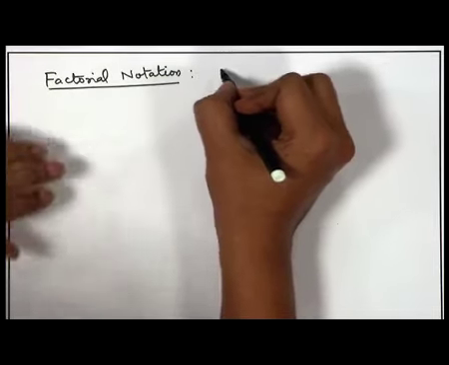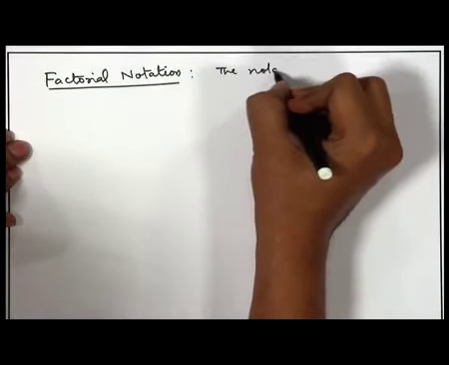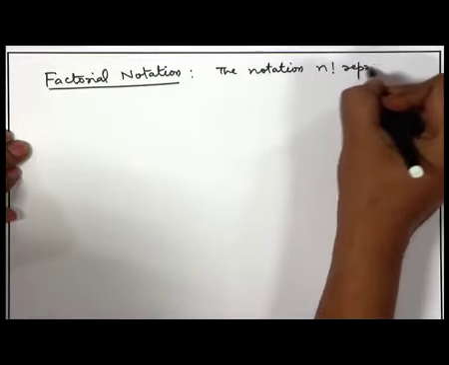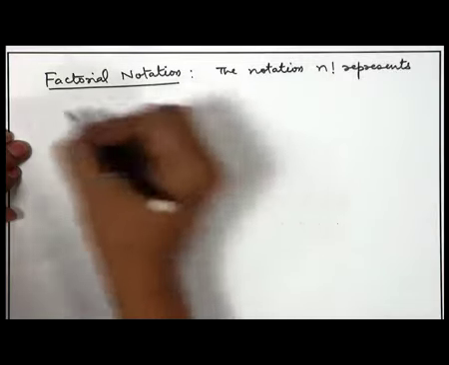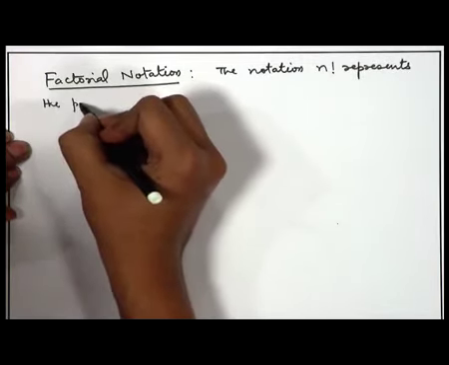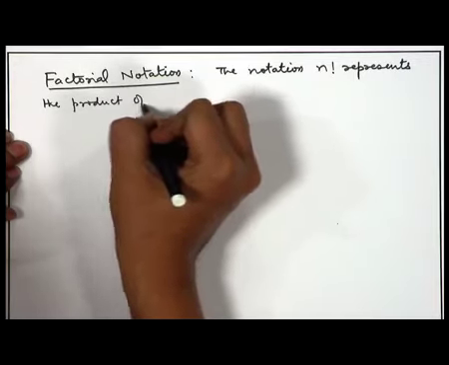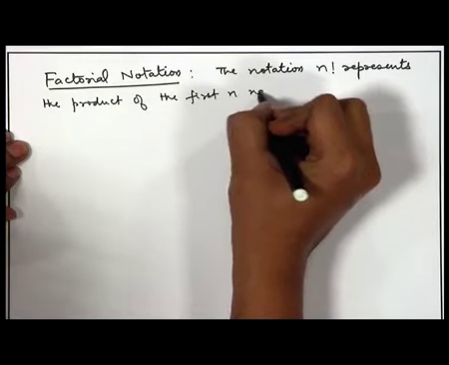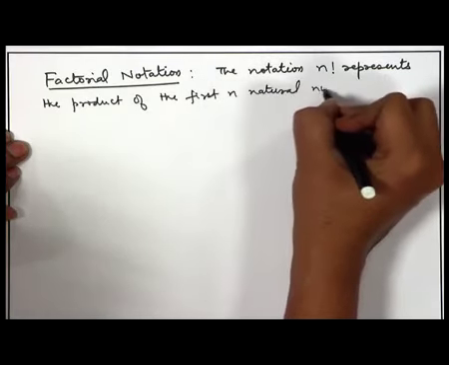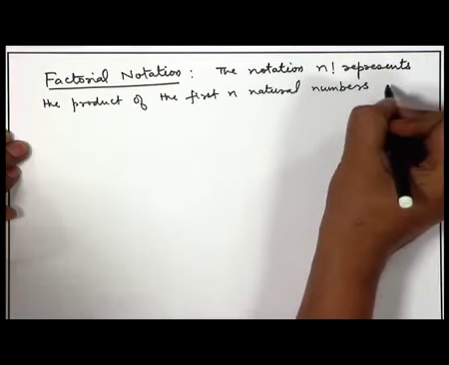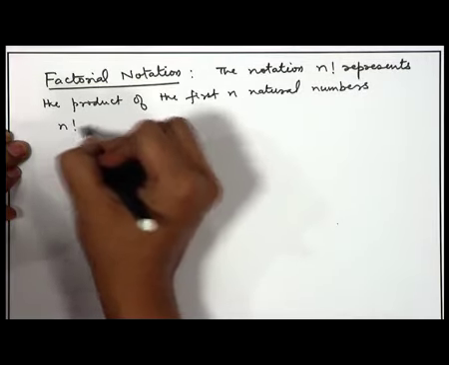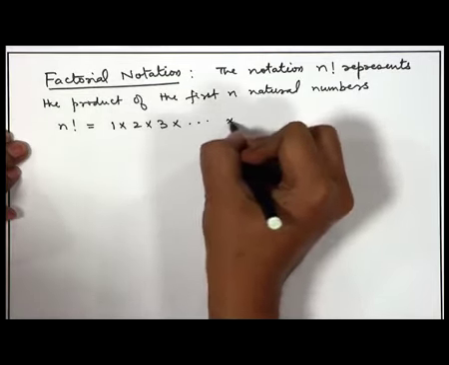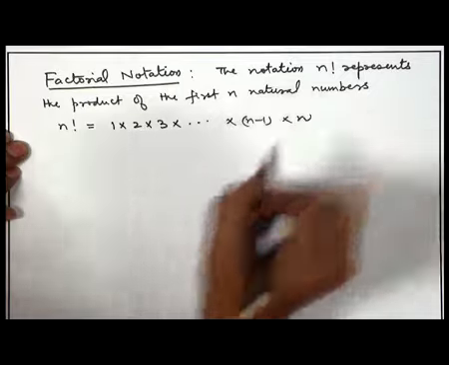The notation n factorial represents the product of the first n natural numbers, that is n factorial is equal to 1 into 2 into 3 up to n minus 1 into n.